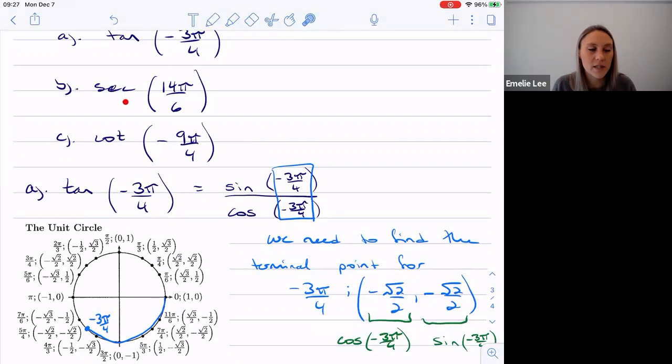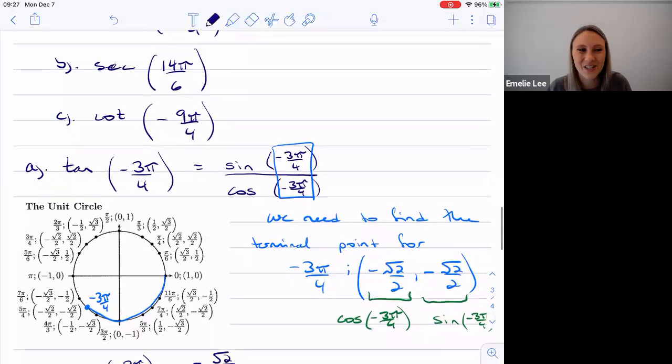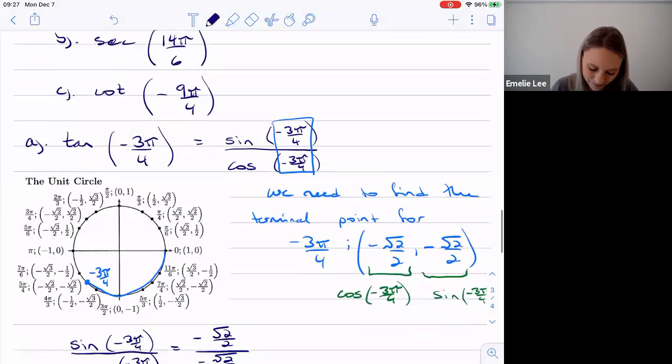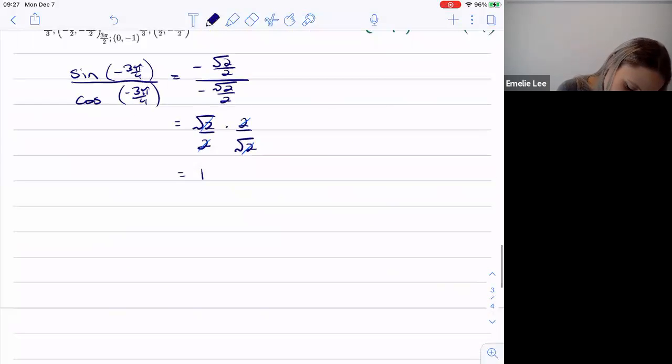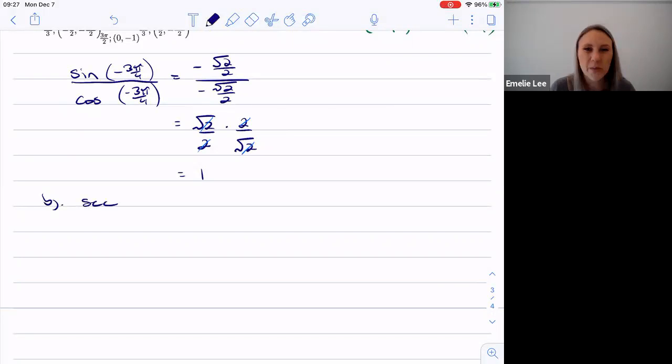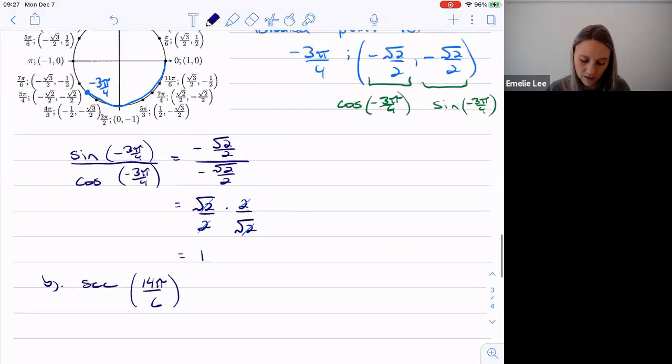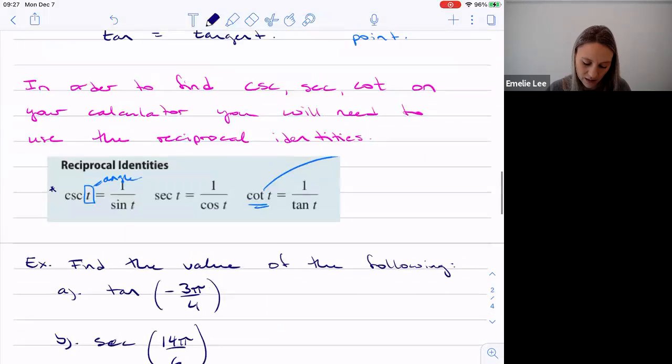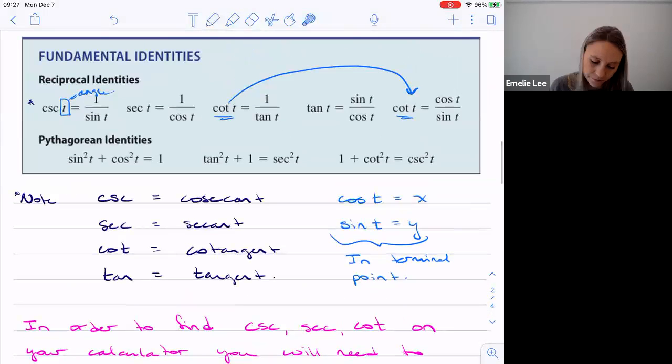Let's do the secant of 14 pi over 6. And then I'll let you do the cotangent on your own. I'll give you a little bit of time. This stuff is kind of hard, so I want to help you out. The secant of 14 pi over 6. Let's go back to these identities here.